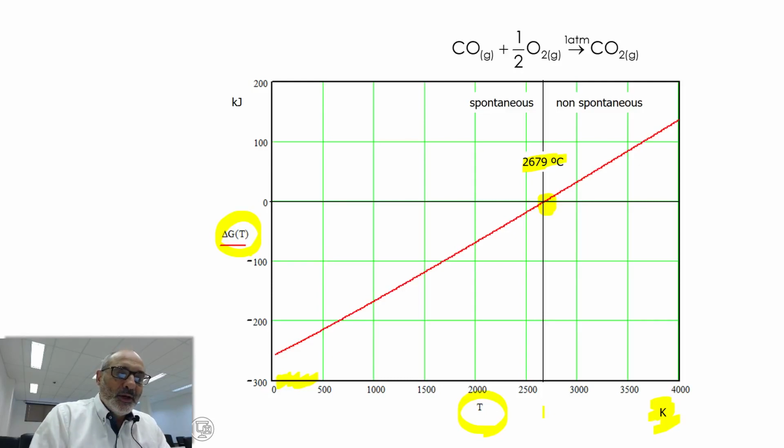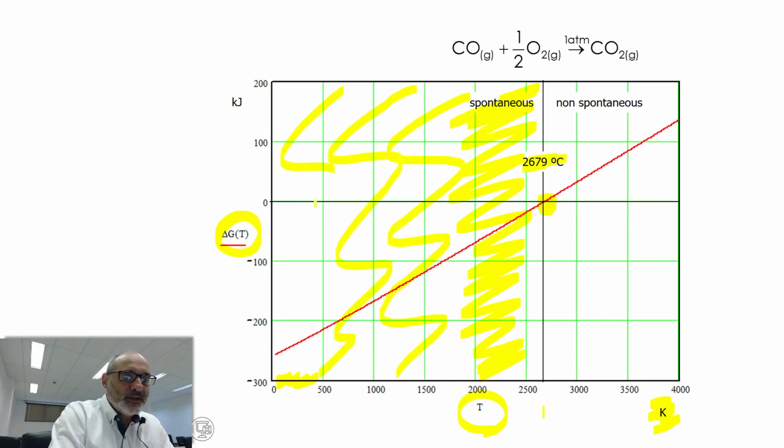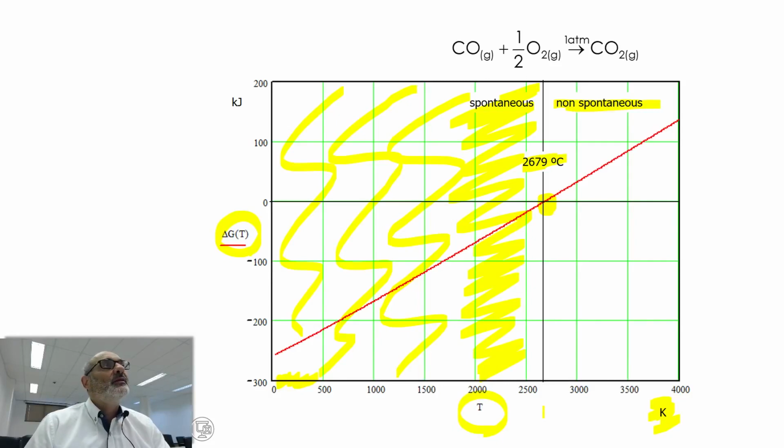And below this temperature, 2,679, the process is spontaneous. So in all this region here, the process is spontaneous, okay? And of course, above this temperature, the process is non-spontaneous, okay?